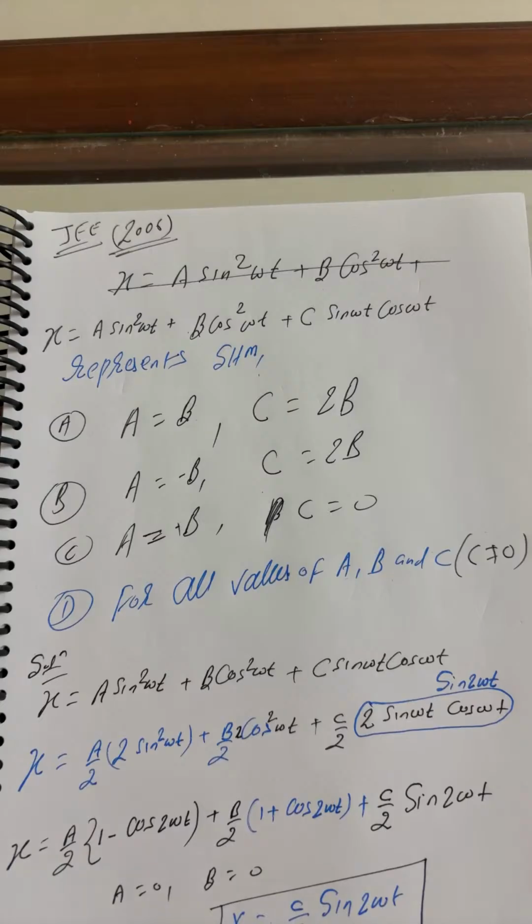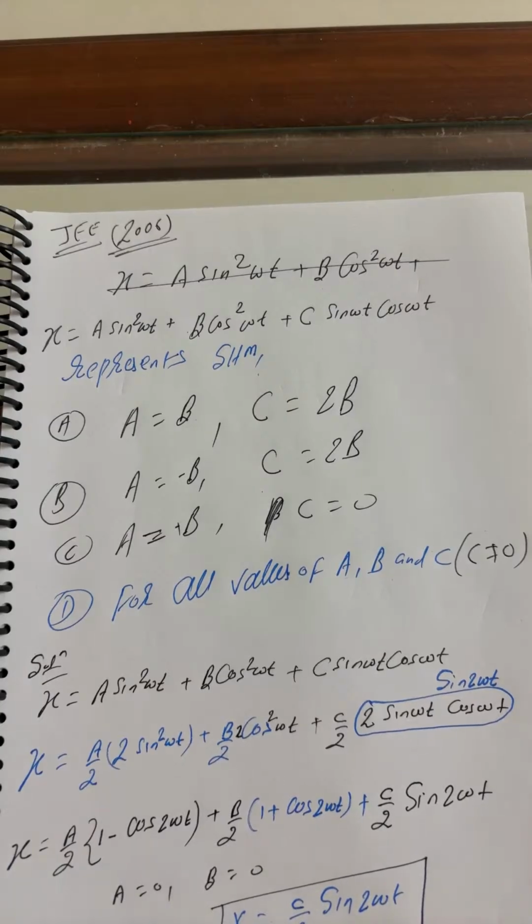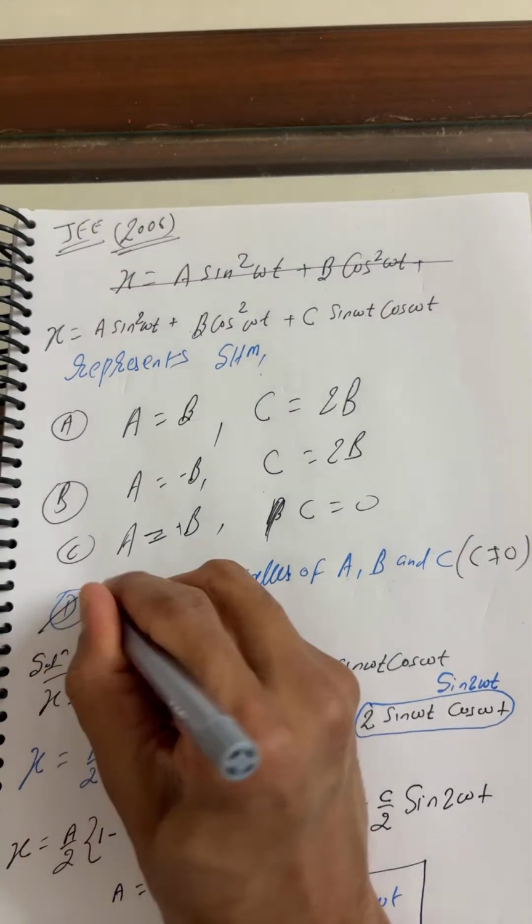This is of the form A sine omega t, so the given equation belongs to the equation of SHM. So you can say option D is correct.